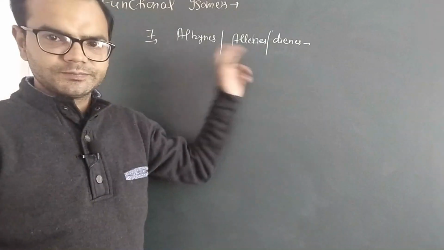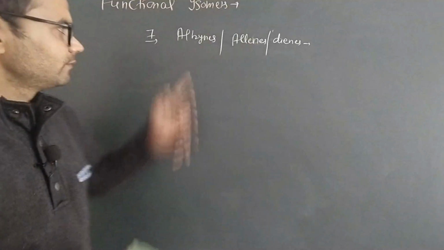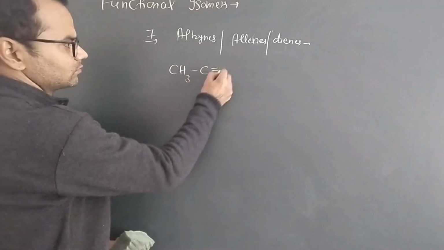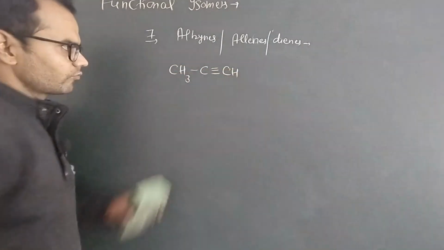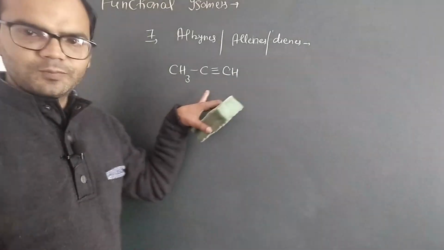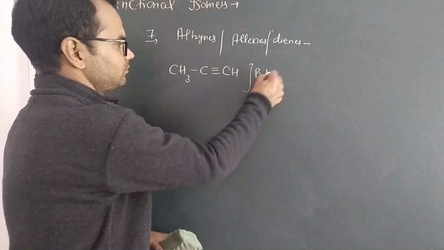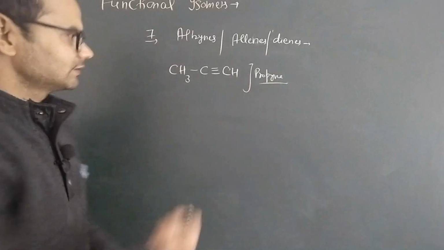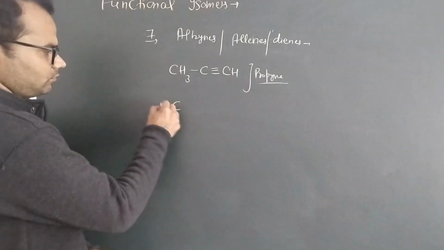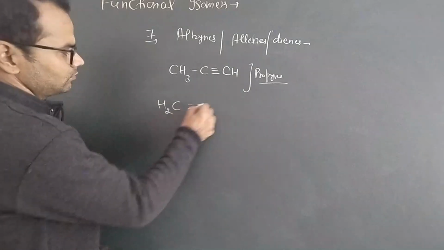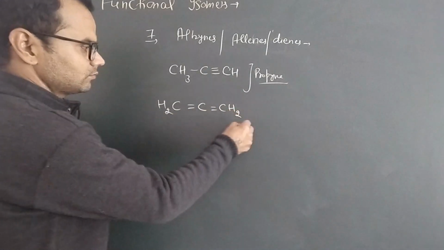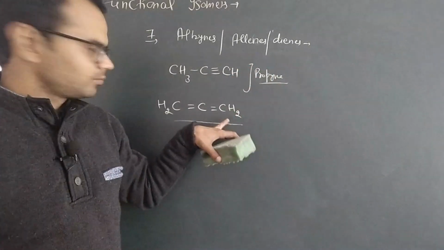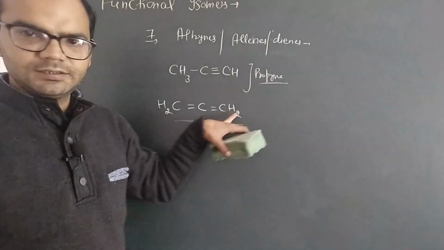They can be present at non-consecutive positions. For example, we have 3 carbon alkyne, that is propyne. This propyne can be written with respect to dienes or allenes. This is allene, or we can say propadiene.